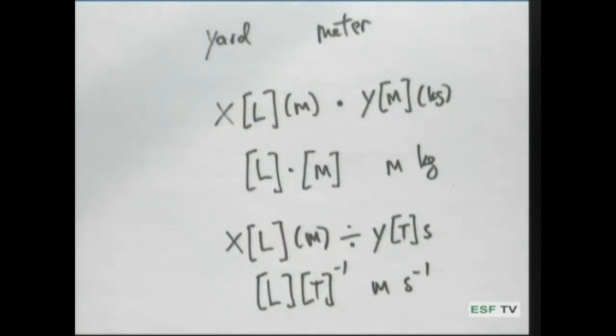And you'll recognize this as the units of speed. So you can either multiply or divide units, but you cannot add them one to another.